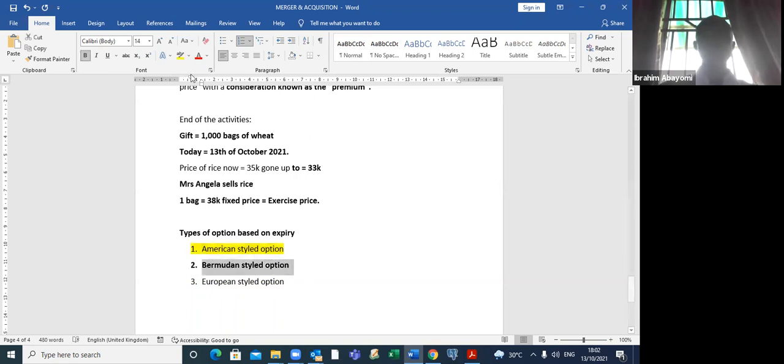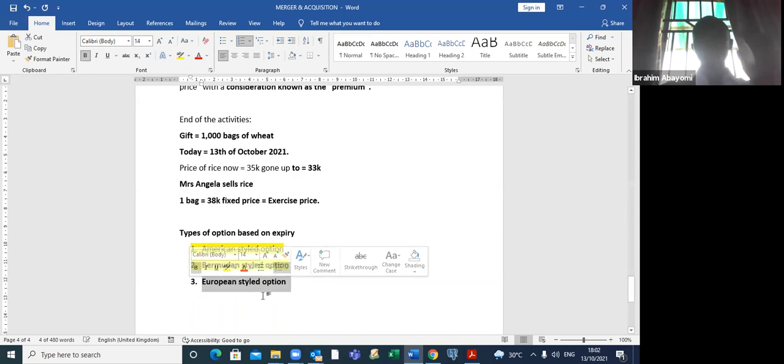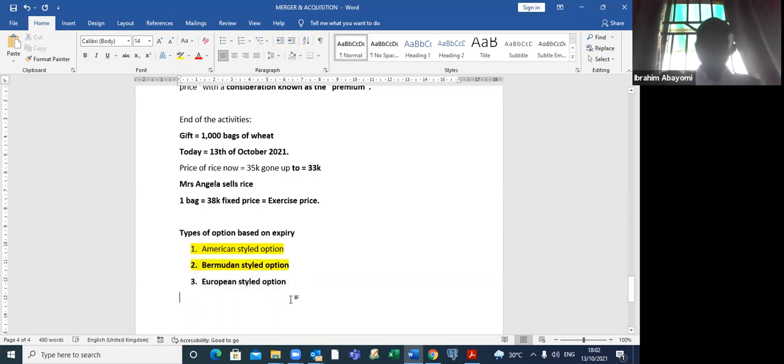We are going to be dealing with the European styled option, meaning that we are assuming that any option we are dealing with can be exercised on the last day of the expiration of the option contract. Is that taking place?